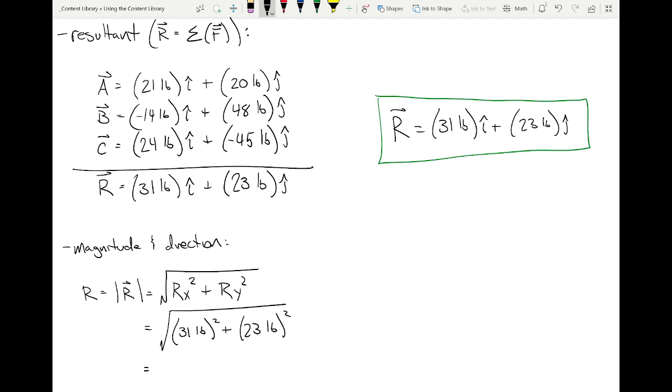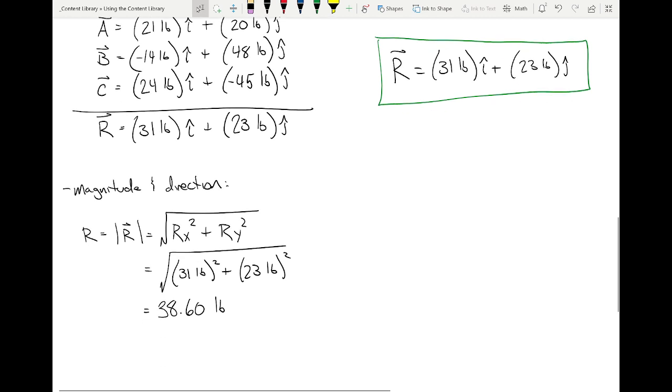Yes? 38.60 pounds. Do I have a second on that? Yes. Now, let's also talk about this notation. What quadrant is the resultant in?